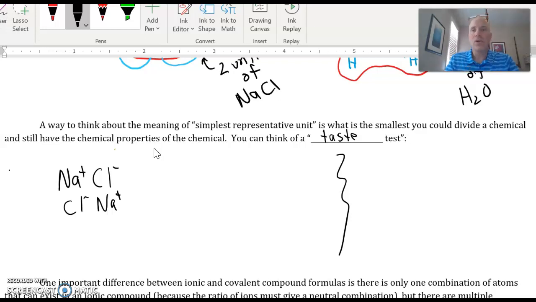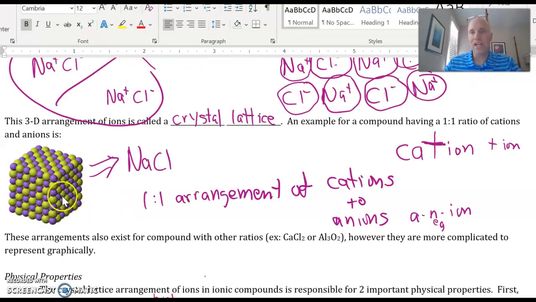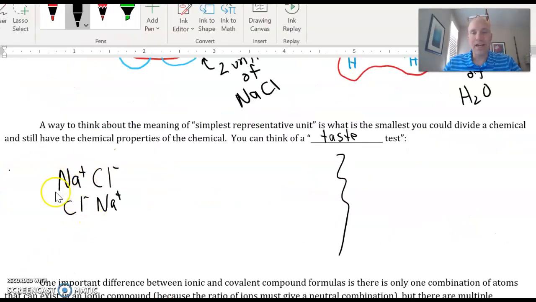All right, so let's think about, like, if we had a crystal of salt. We know that that salt is made up of a crystal lattice of these alternating units of sodium chloride, which, if I were to do a more accurate representation, would look a little bit more like this. But theoretically, if I had this arrangement of sodium ions and chloride ions, it would be a small little bit of a crystal of salt.